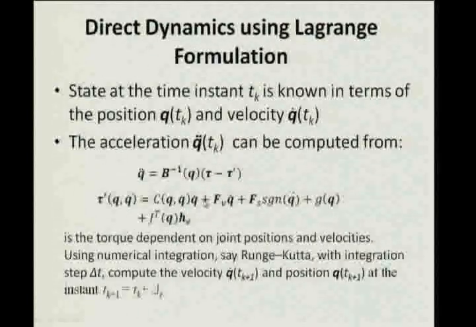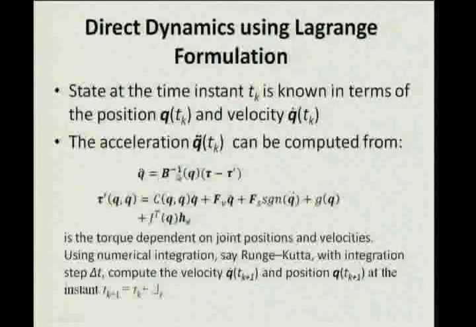And so, there are two approaches towards it. Okay, one is using the Lagrange formulation, and so we start by restating it. State at time Tk is known in terms of the position qtk and velocity q dot Tk. Okay. Now, the acceleration, if you take q dot Tk, now you can compute this. So, you remember the original form, what did I have?